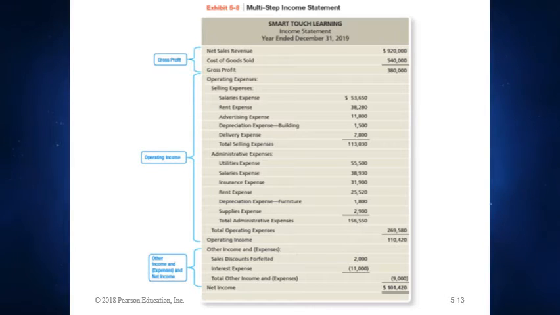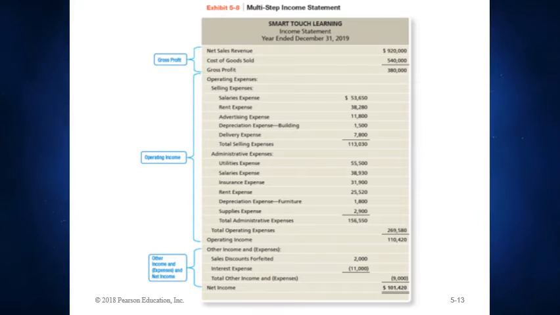So here is our multi-step income statement. It's still got the same exact accounts as that single step. We've just broken this down and put it into some different categories. Up at the top, we see our net sales revenue, and then we have our cost of goods sold, and less that cost of goods sold gives us our gross profit. So we take the net sales revenues and subtract out the cost of goods sold to give us our gross profit.